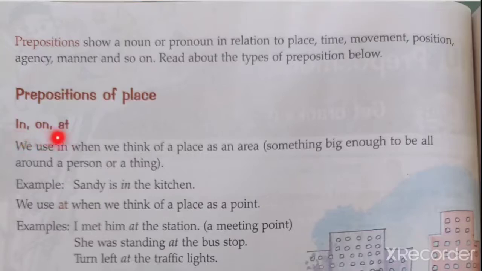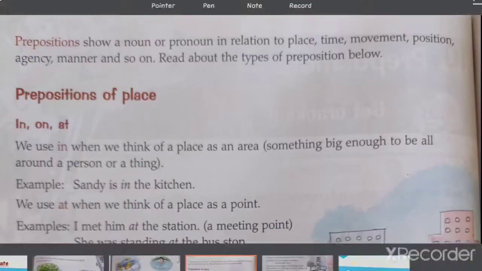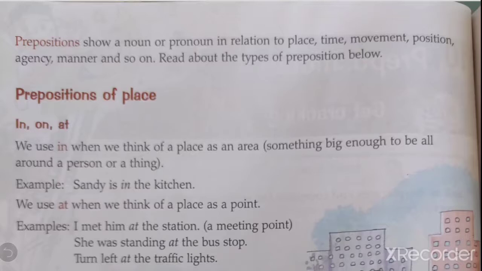We use in when we think of a place as an area, something big enough to be all around a person or a thing.